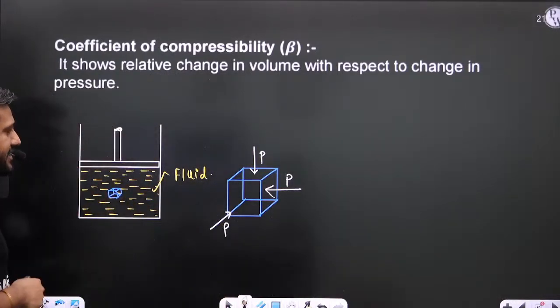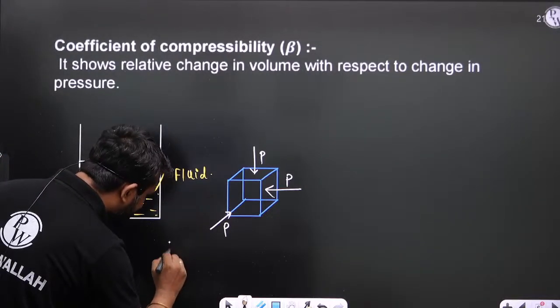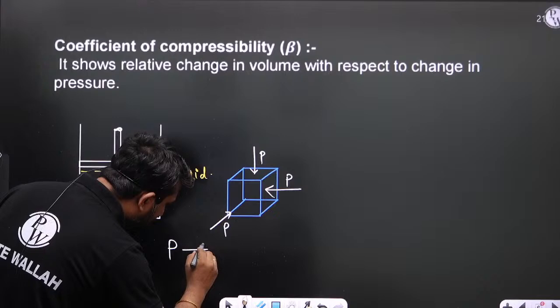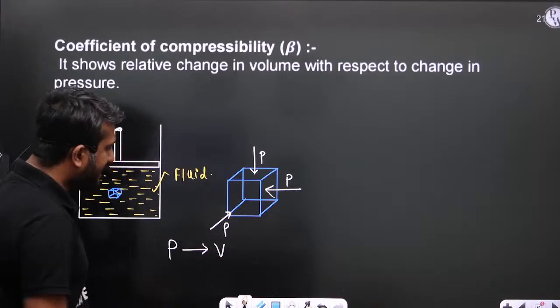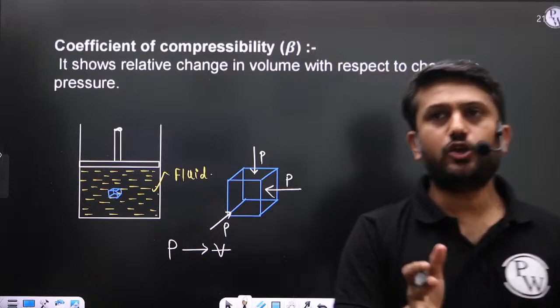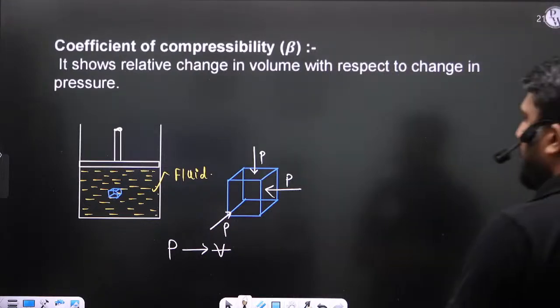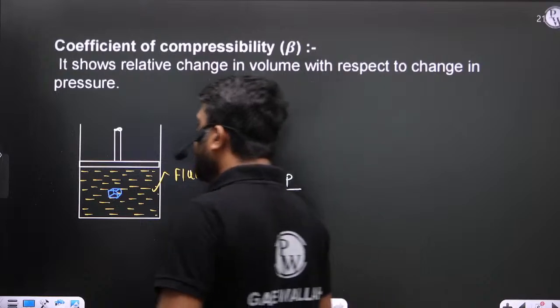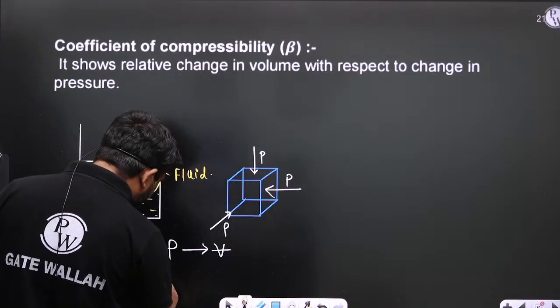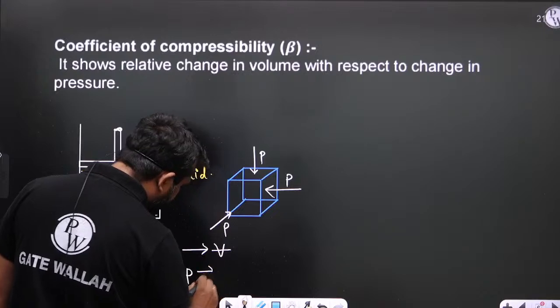Now let us consider that when the pressure is P, the volume of the fluid is V. Now, if I increase the pressure by dP amount, that is P plus dP.